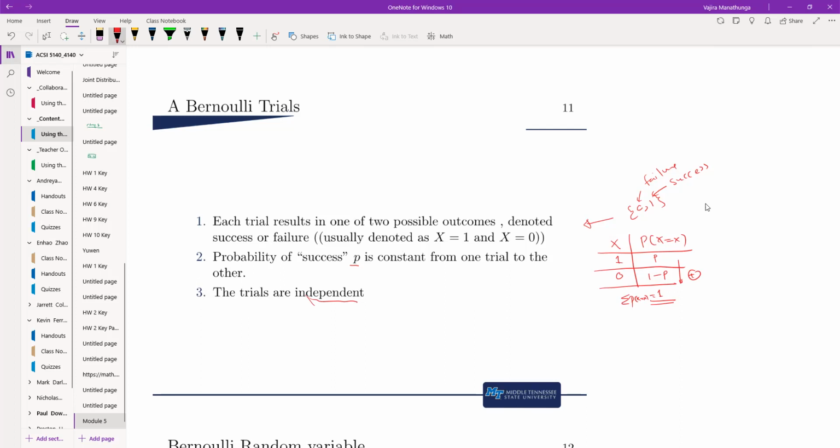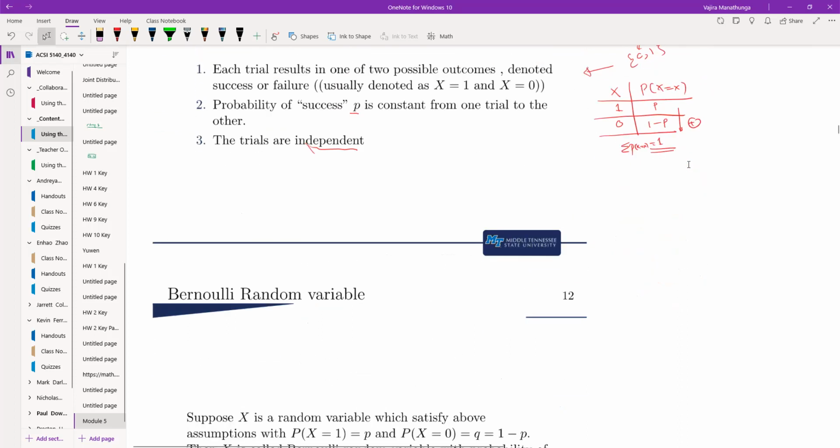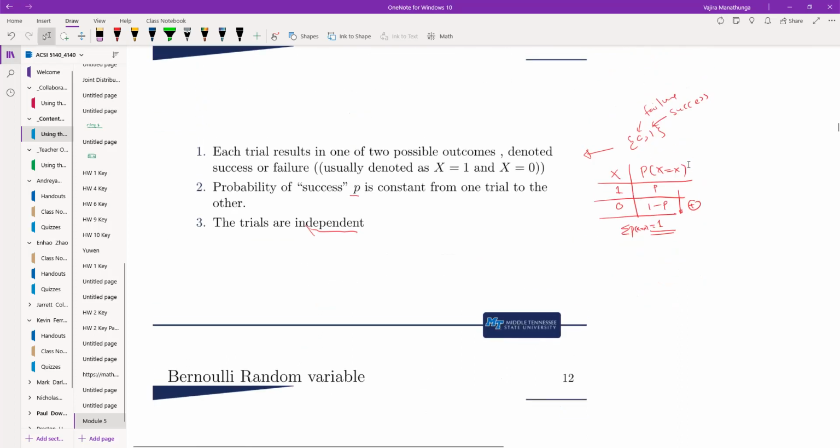So now we want to talk about the probability mass function. So what's the probability mass function? One way you can write it is like this. You can say probability X equals x, divided by cases: it's either 1 minus p if x equals 0, or p if x equals 1.